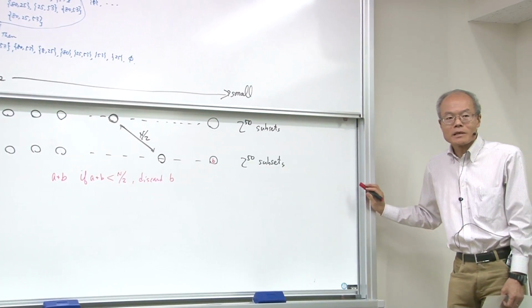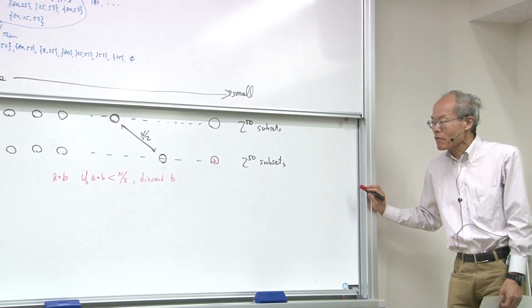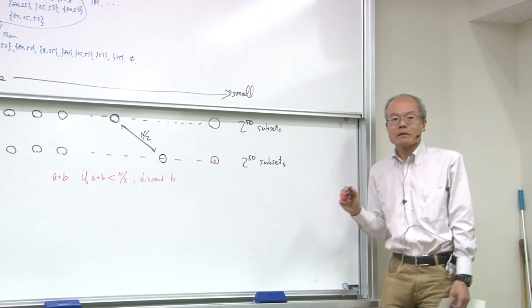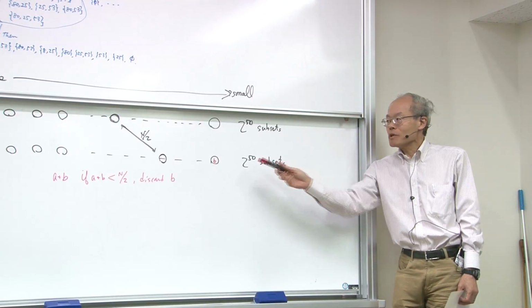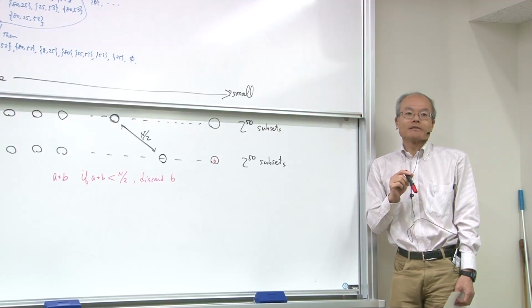Let's check the sum of A and B. If A plus B is less than n over 2, then discard B. That means this B cannot be involved in the correct answer.